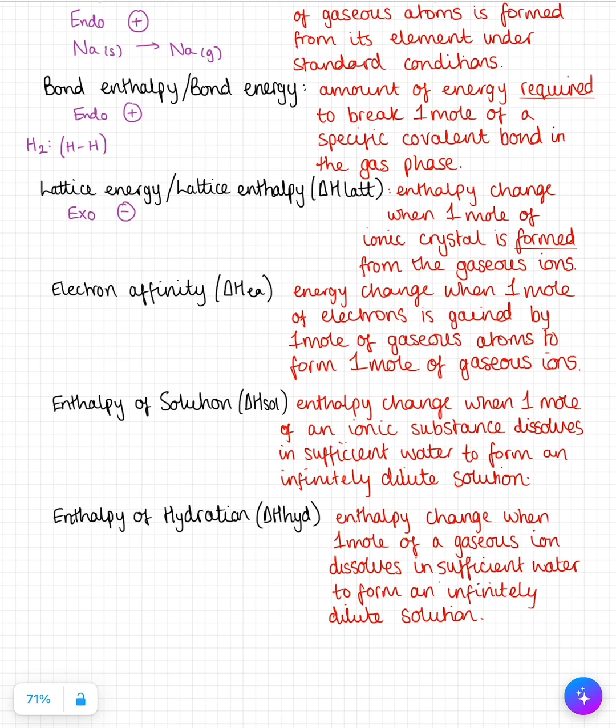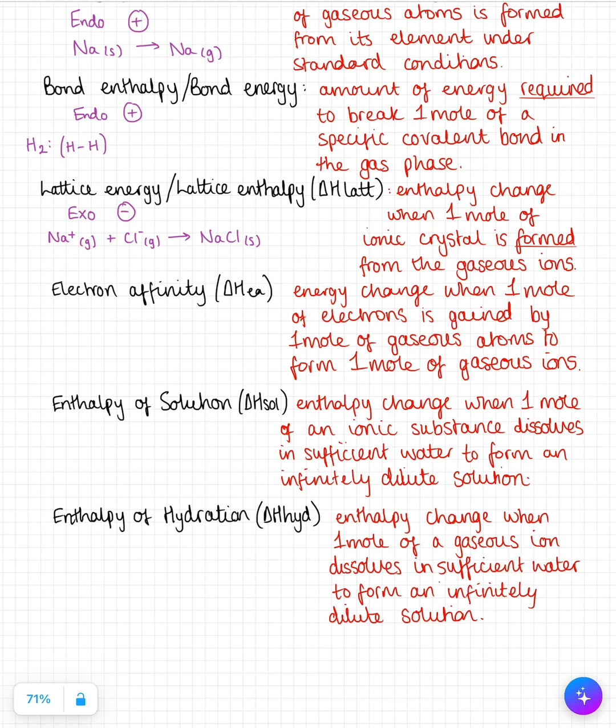So if we wanted to think, we've got sodium ions, gaseous, plus chloride ions, gaseous, to form 1 mole of ionic crystal sodium chloride. That is a representation of the lattice enthalpy for our sodium chloride.